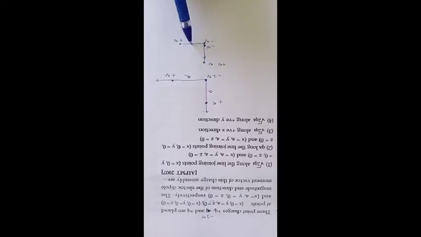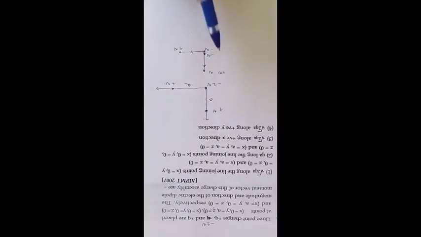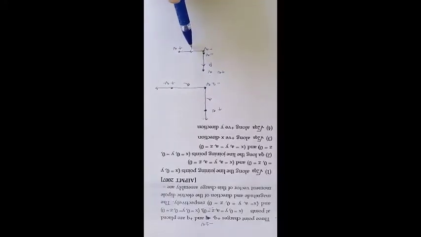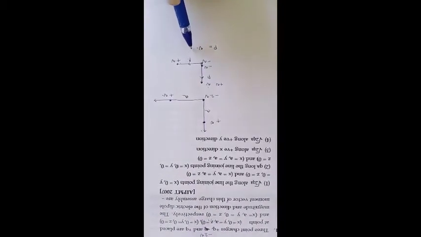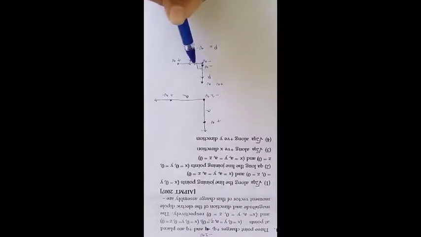This is one dipole, this is another dipole. Its dipole moment is P, and the other dipole moment is also P. The P value is Q into A. The angle between them is 90 degrees.